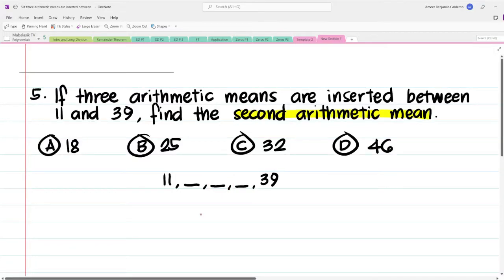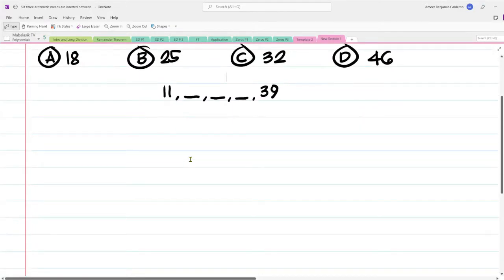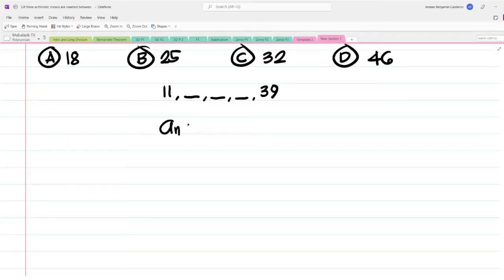So to find arithmetic means, what we want to do is to solve for the common difference using the formula for the nth term of an arithmetic sequence. So we'll have a sub n equals a sub 1 plus the quantity of n minus 1 times d.